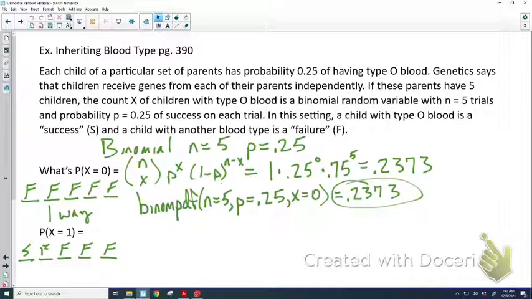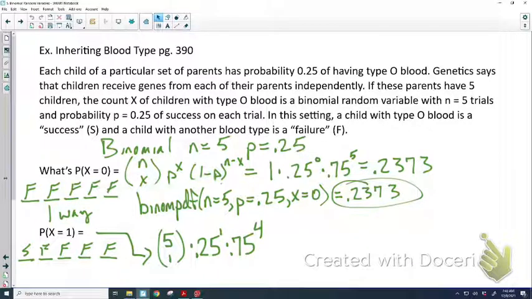So x equals 1. We could do it the formula way. That'd be 5 choose 1, times 0.25 to the 1st power, times 0.75 to the 4th power. I'm just plugging into that formula you see right above this. Or you can do binomial PDF.